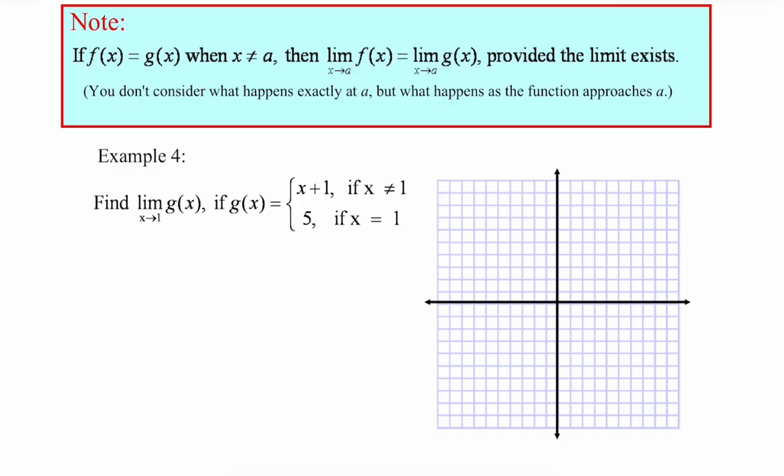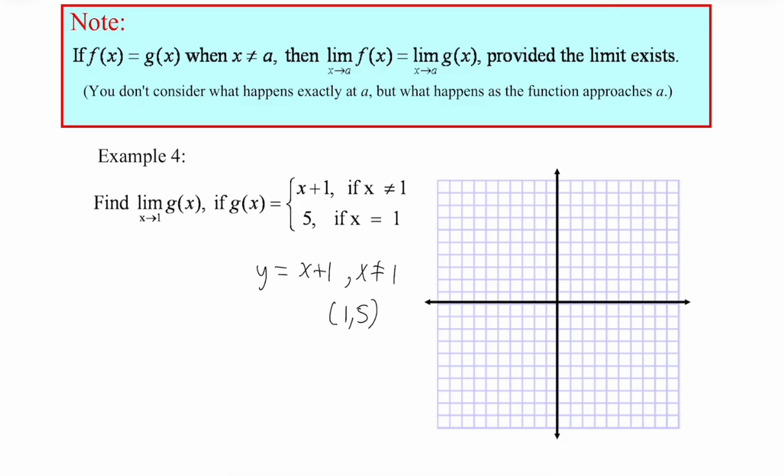So hopefully you know that this is just the line y equals x plus 1, except at 1, we're going to be at the point 5 instead. Now, think about if I plugged in 1, I should be at the point 2. So that's all this function is. It's a piecewise function with a hole in it, and the hole has been replaced in the wrong spot.